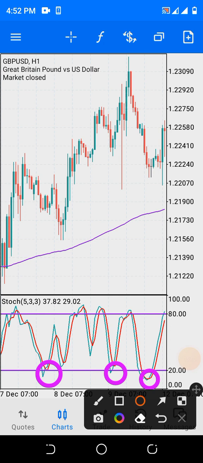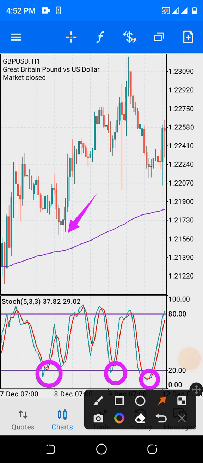Now, the second condition is that when it is oversold, the candlestick must be closer to the moving average. Do you understand? The candlestick must be closer to the moving average.